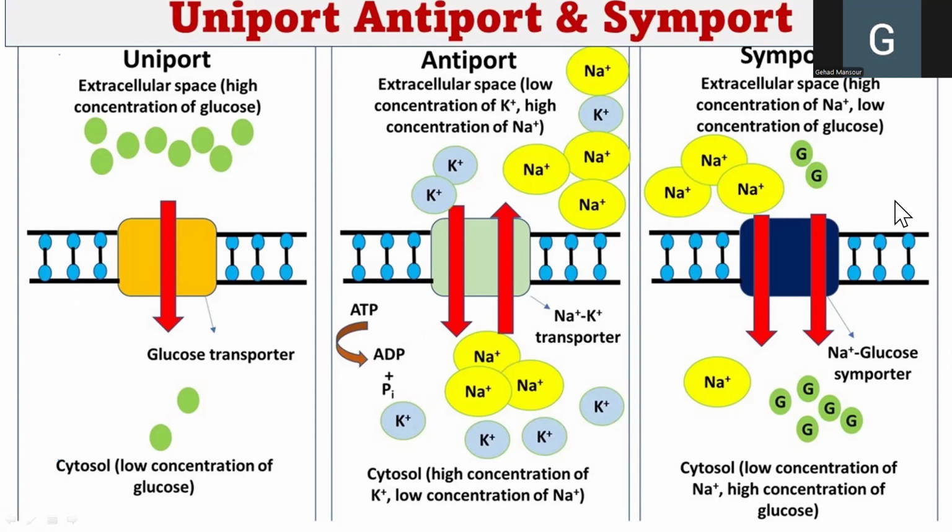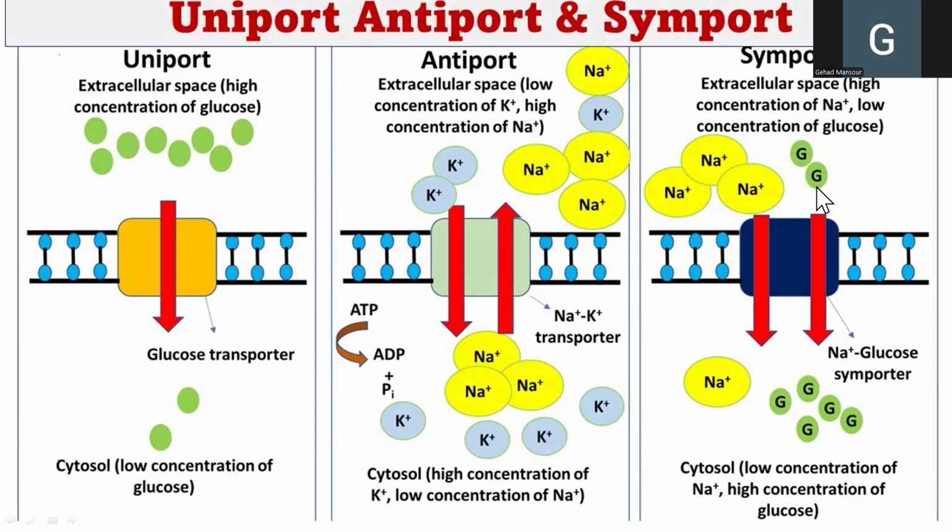In case of the symports, like here, for example, we have a transporter that is called the sodium glucose symporter. This symporter carries glucose against concentration gradient, because if you look at the direction of the arrow, first of all, why is it a symporter? Because it is carrying two substances at the same time in the same direction.